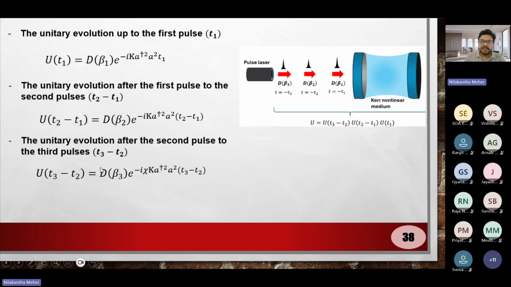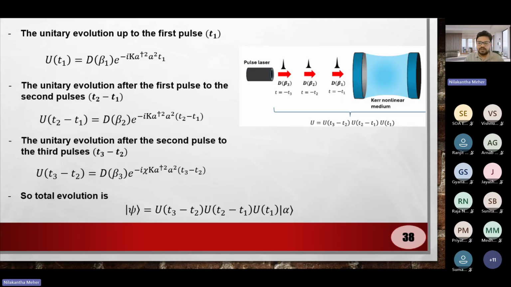Again we give a pulse at exactly T3, with the amplitude d beta3. And these 3 unitary evolutions are exactly equivalent to what I discussed earlier, that is 3 iterations of Kerr unitary evolution and displacement operation.